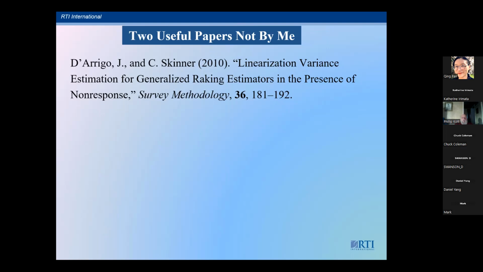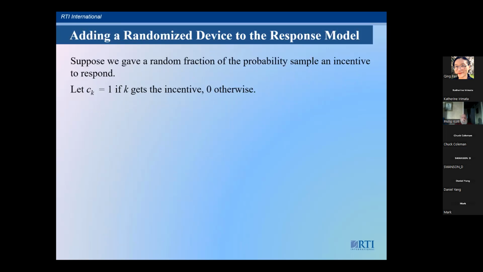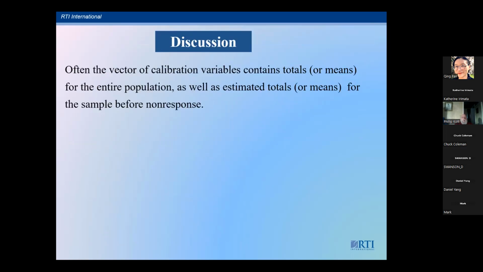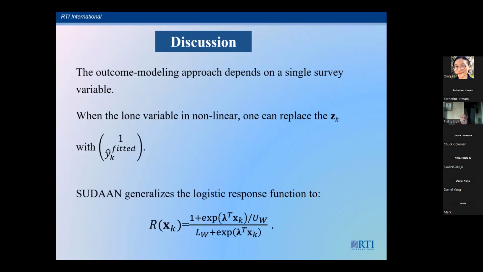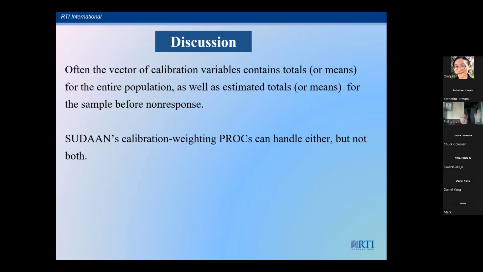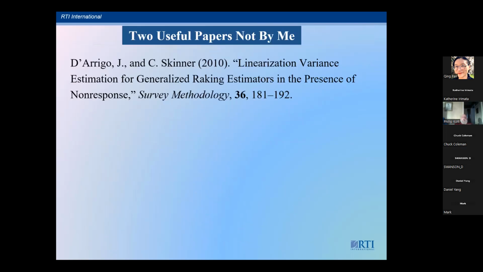So it's sort of the SUDAAN formula, with a lower bound of 0 and an upper bound of infinity, or just e to the multiple of z's. This was ignorable non-response, so it was z's. And they looked at those two things.